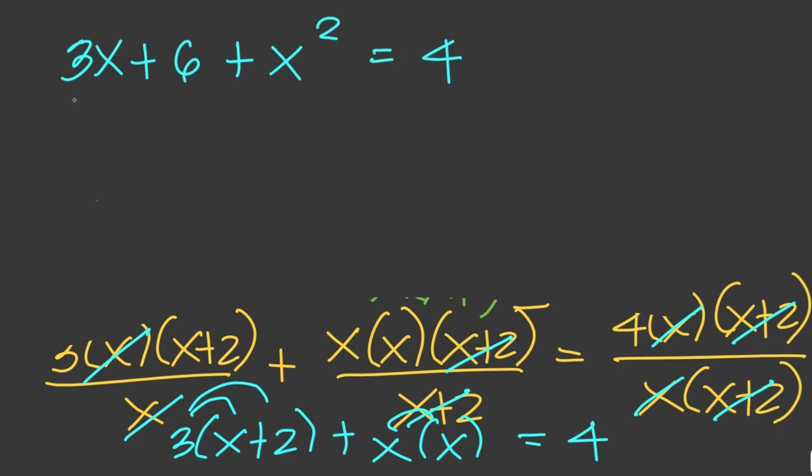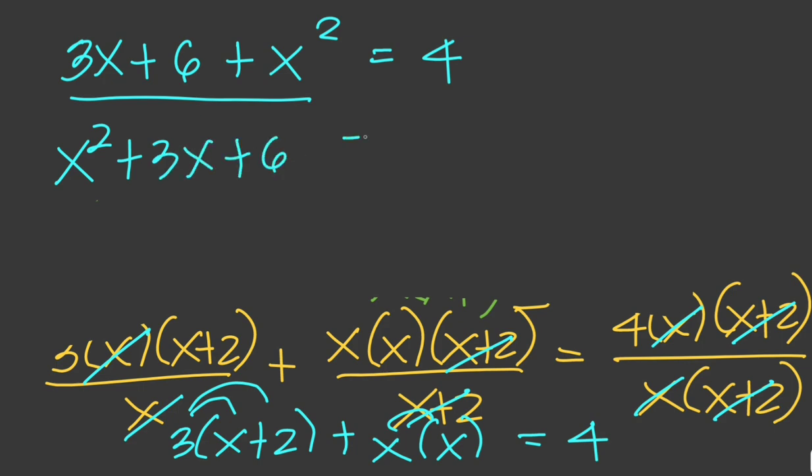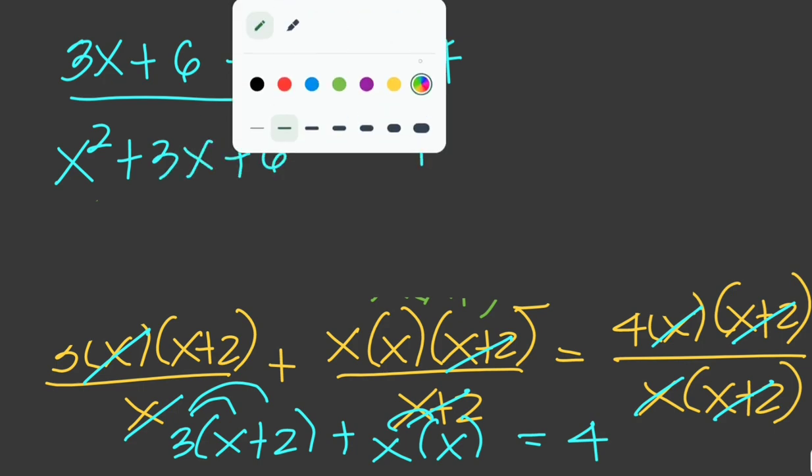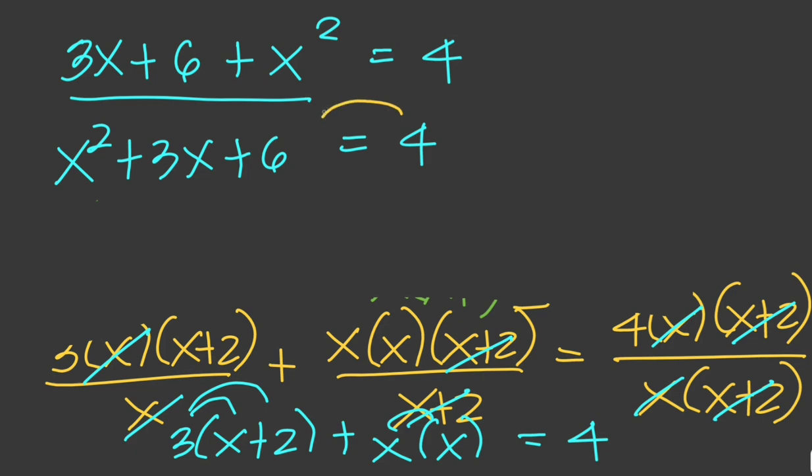So we can arrange this equation based on the degree, from the highest degree or the highest exponent. So that would be x squared plus 3x plus 6 equals 4. And then we transpose 4 to the left. That would become negative 4. So this would be x squared plus 3x plus 6 minus 4 equals 0.